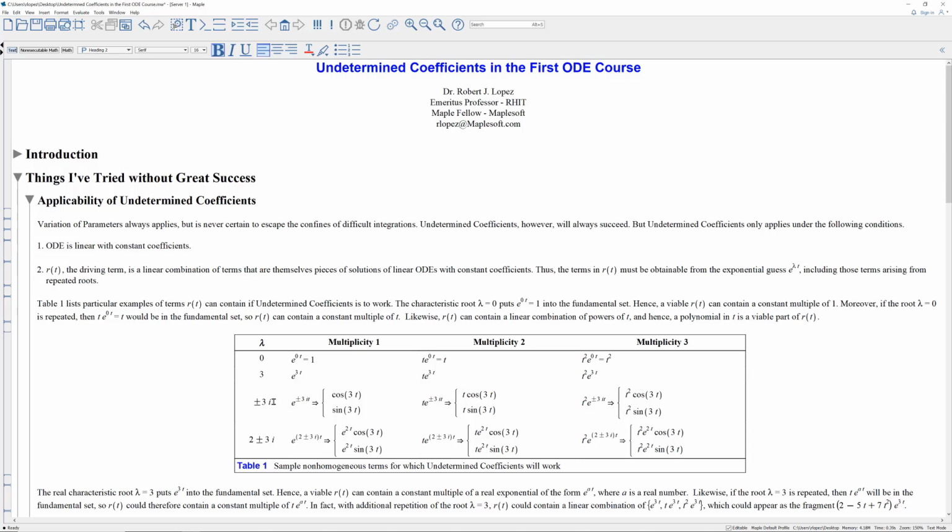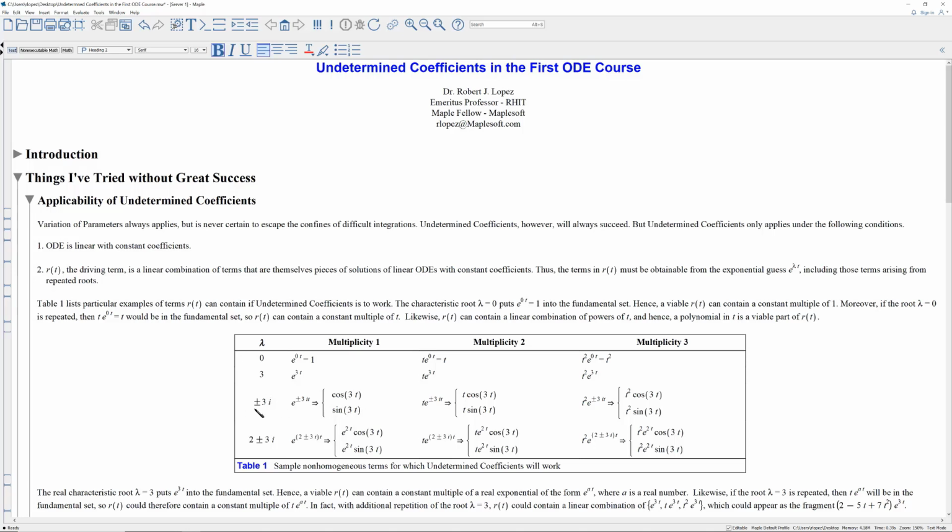If you have an imaginary number like plus or minus 3i, then you will get the possibility of two terms, cosine 3t and sine 3t.